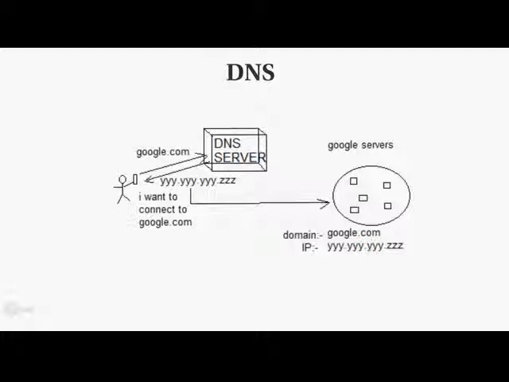Since IP addresses are difficult to remember, the internet uses a domain name system, DNS, to make it easier for people to identify and find networks on the internet, such as Google.com. It gives it a name, which is called a domain name, which is associated with a network address. You can communicate on the internet by using a domain name or an IP address.